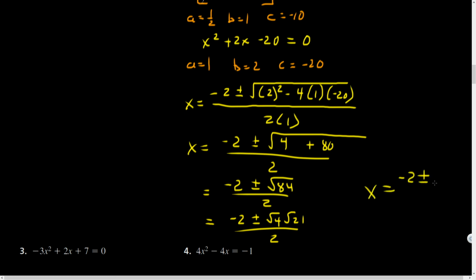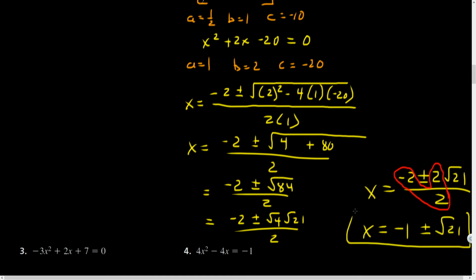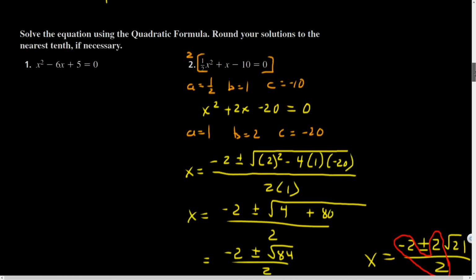Negative 2 plus or minus 2 square roots of 21 over 2. Man, I thought it was going to be my final answer. But then I realized at the very end here that the 2 parts in the numerator are divisible by the denominator. All right, here we go. Final answer. All of these can be divided by 2. So negative 1 plus or minus the square root of 21. And so this is a quadratic equation which never would have been solved by factoring.